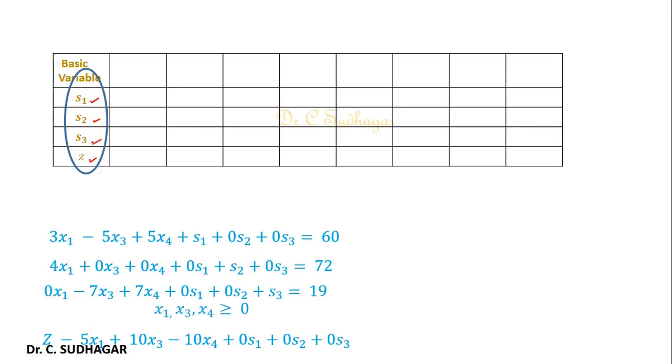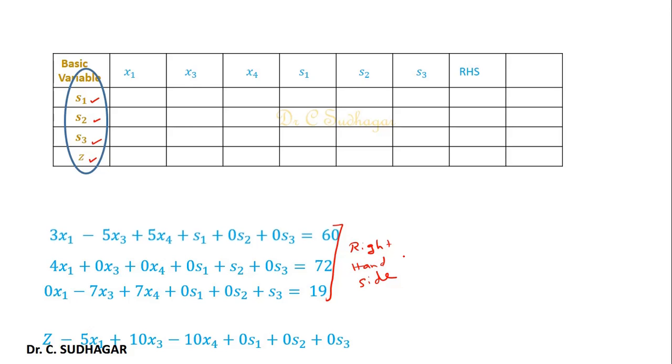This s1, s2, s3 is called the initial basic feasible solution. Now, according to the equations, we have x1, x3, x4, s1, s2, s3, so we will fill them up. This is called the right hand side constants. Whatever constants come, we fill them in this column, so this is RHS. RHS means right hand side.